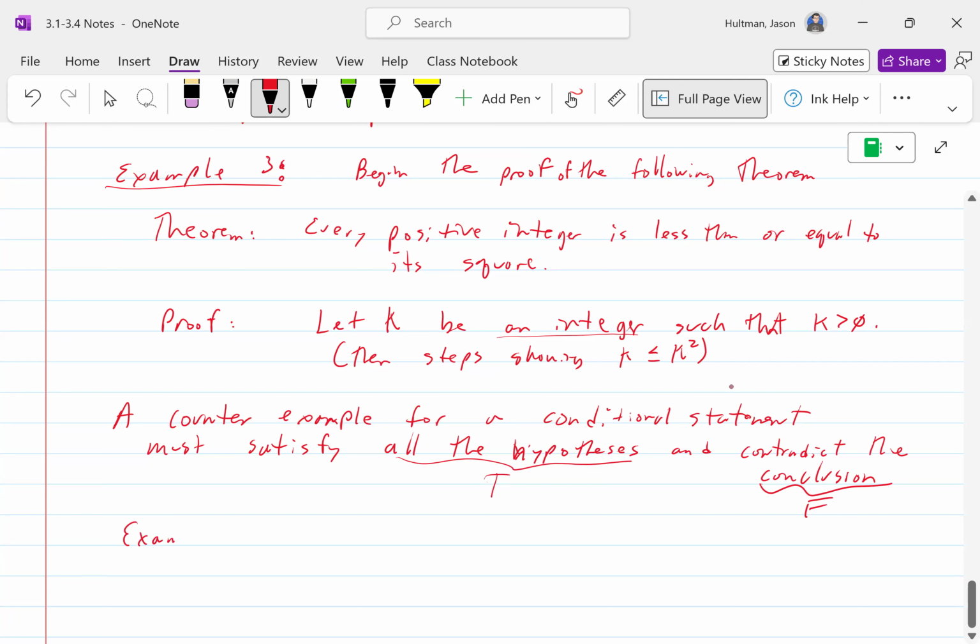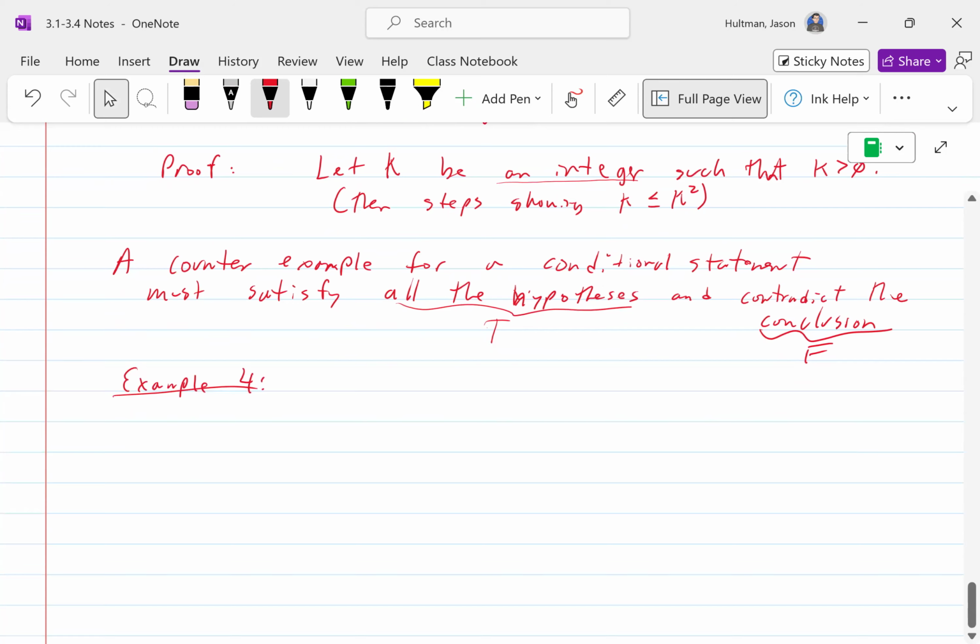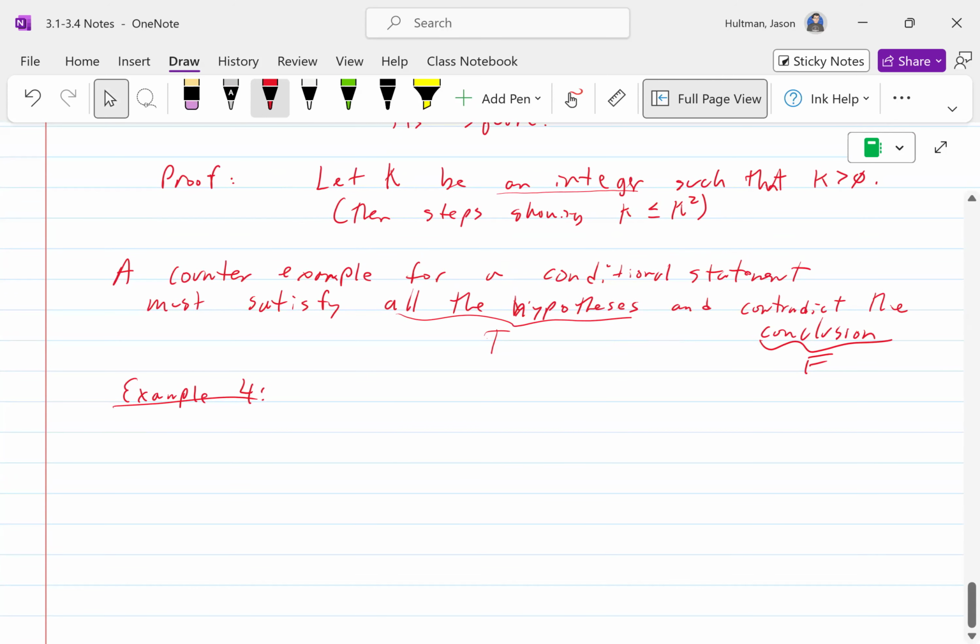Example 4. Find a counterexample for the statement. Okay.